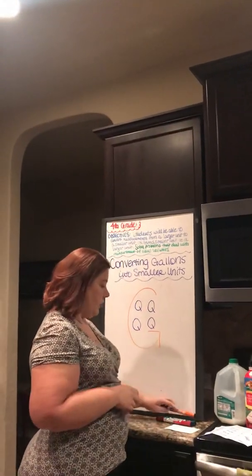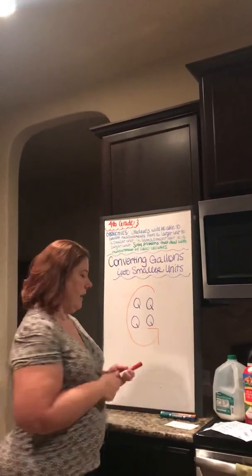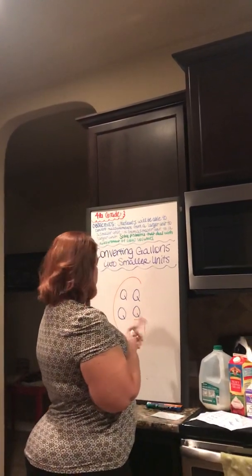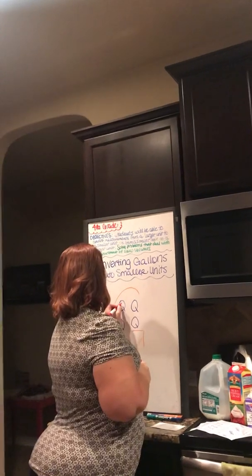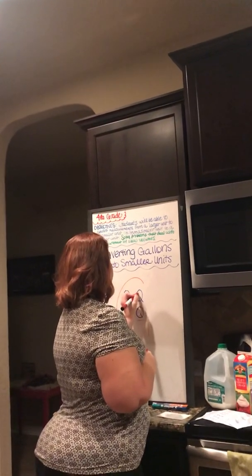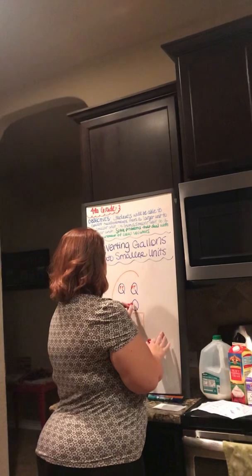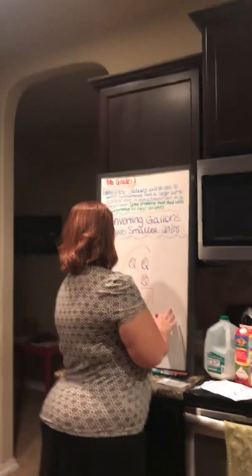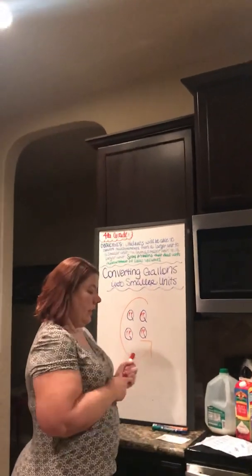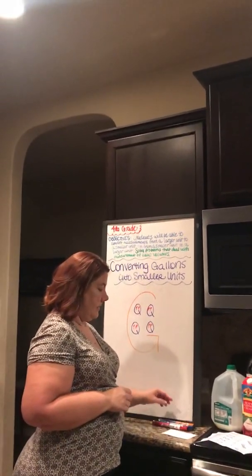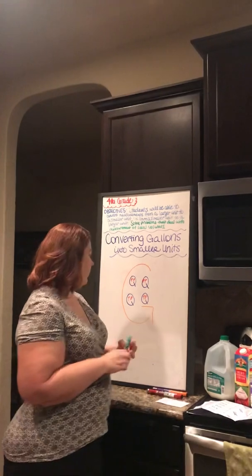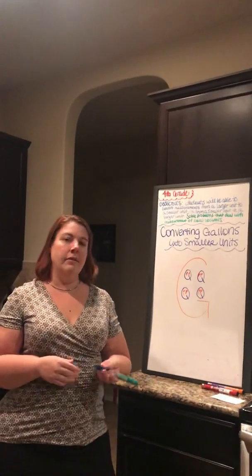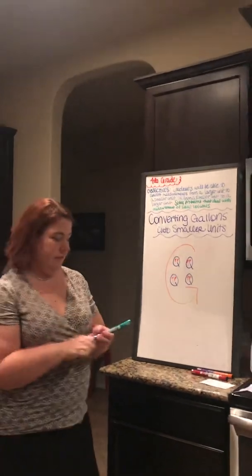Now, each quart, or queen in my example, has 2 pints, better known as princesses. We'll call them princesses. Now, each princess has 2 children. So, the C represents cups. We're just calling them children for fun.